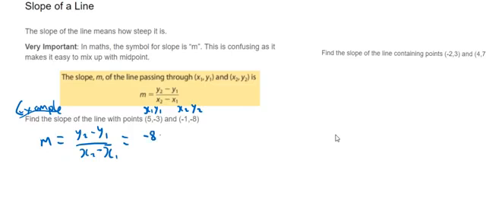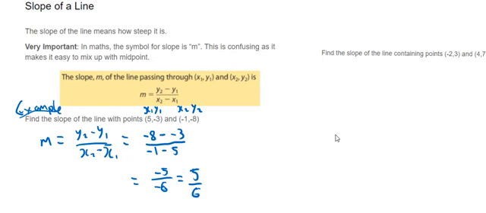To subtract the y1 value, the y1 value is minus 3, so it's minus minus 3, over x2 is minus 1, minus my x1 value, which is positive 5, so minus 1 minus 5. So minus 8 minus minus 3 will be minus 5, and on the bottom minus 1 minus 5 is minus 6. And minus divided by minus is positive, so it's just 5 over 6. So the slope in this example is 5 over 6.